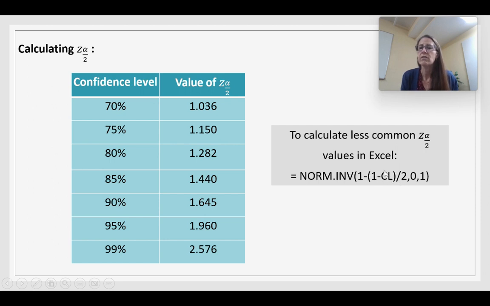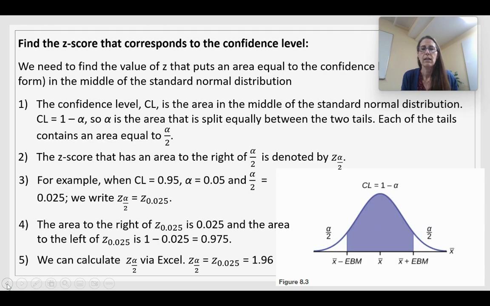So this in here, 1 minus CL, that's just alpha. And 1 minus that, so remember, looking at this picture, this part over here is alpha over 2, but we want to the right of that. So we are doing the 1 minus business here.